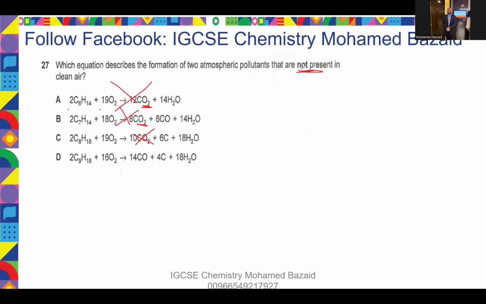What are the two atmospheric pollutants which are not present in clean air? This is carbon monoxide, not present in clean air, and particulate, which is carbon as well. So the answer is D for question 27.